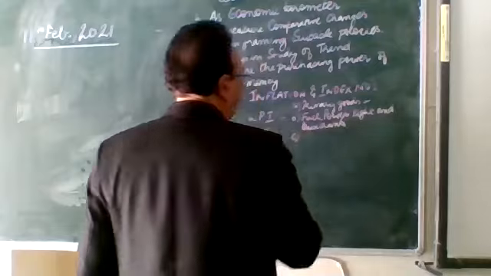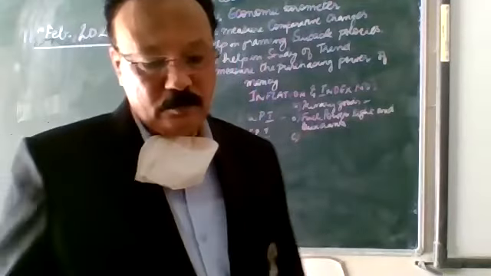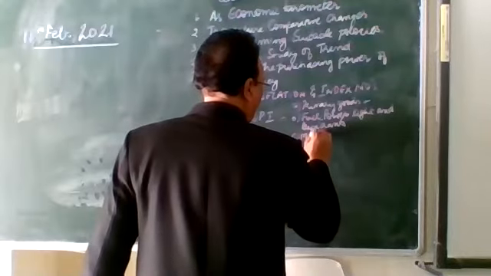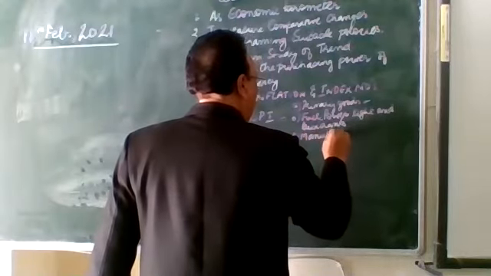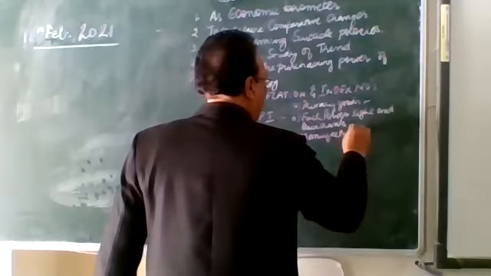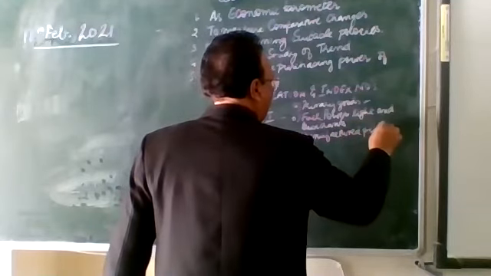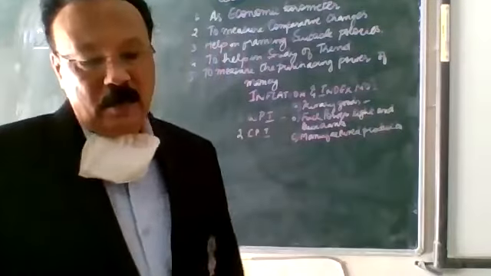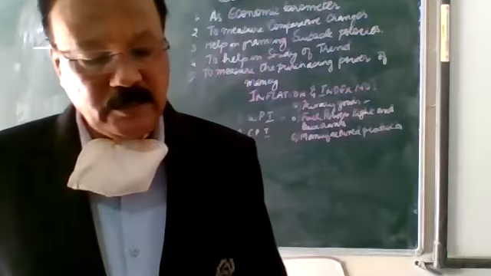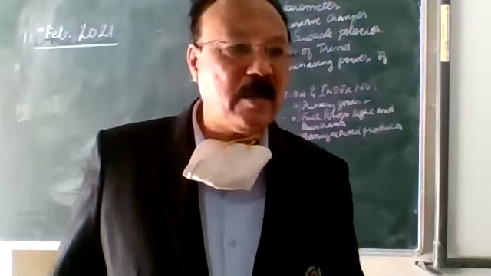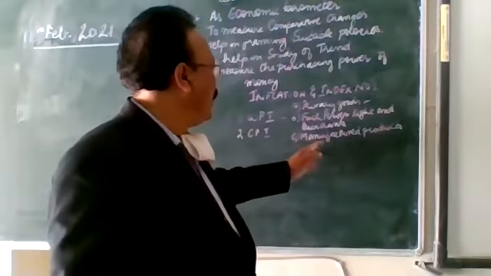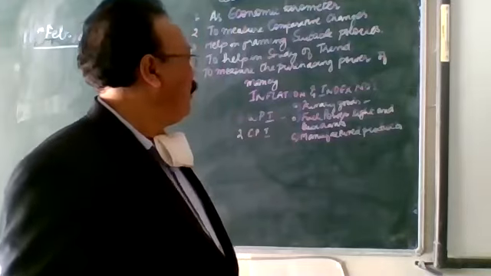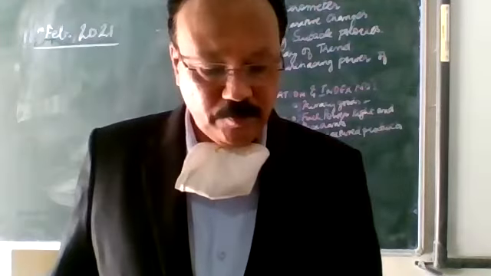And the third is manufactured products. So for studying the wholesale index numbers, goods are broadly classified into these three headings: primary goods, fuel, power, light and lubricants, and manufactured products.